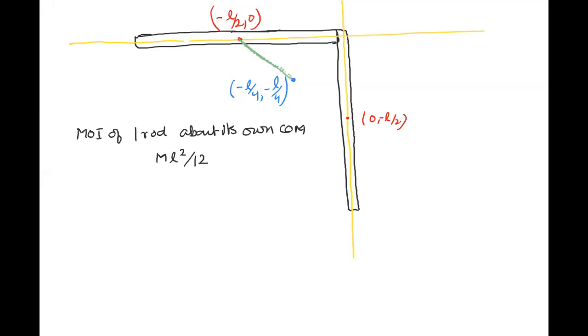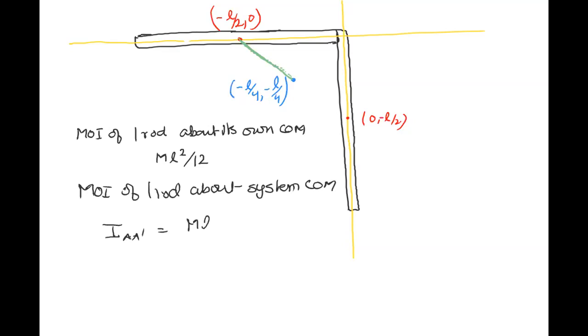So I will have the MOI of one rod about the system CM, I AA dash, is equal to I CM plus M into this distance squared.